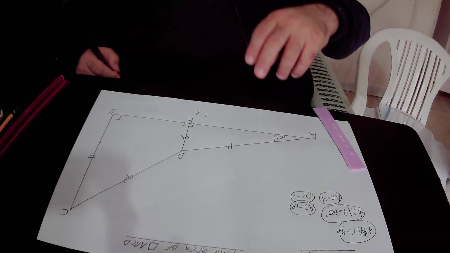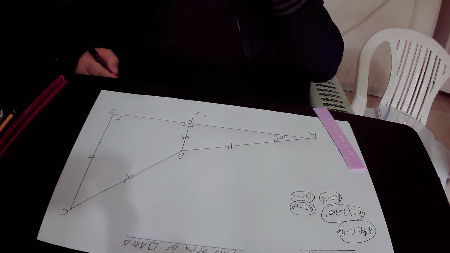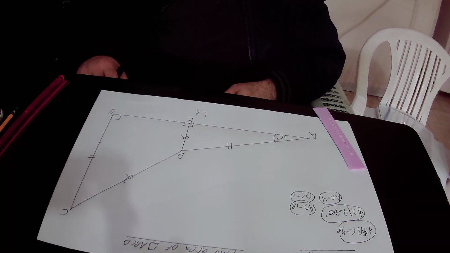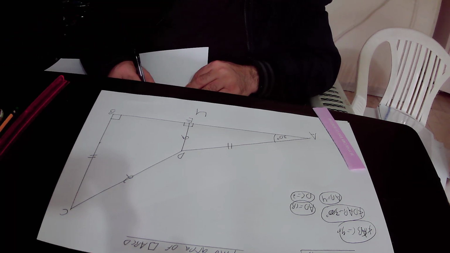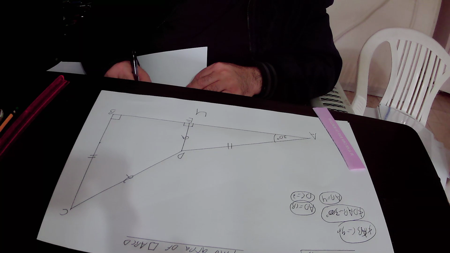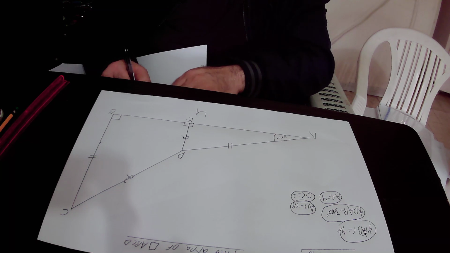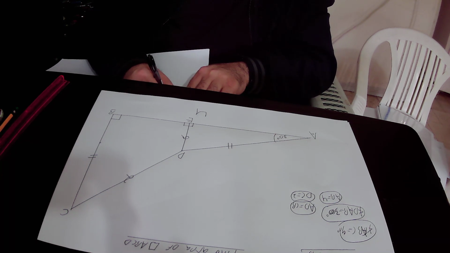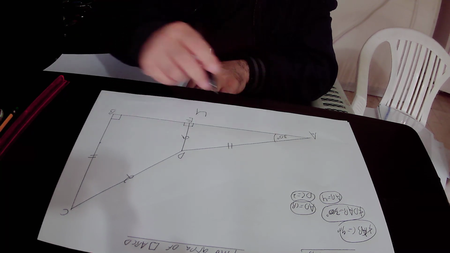And then we will focus on triangle ADE. In triangle ADE, sine 30 degrees equals DE over AD.